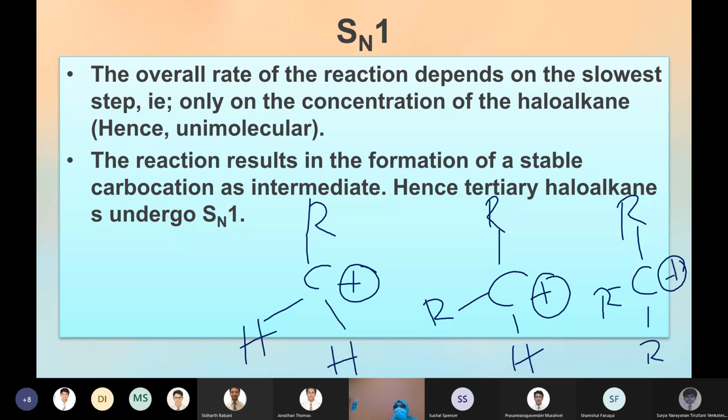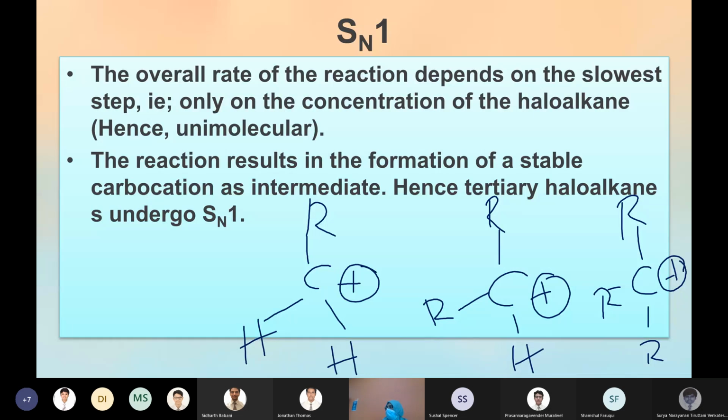There are so many things we discussed in grade 11. Inductive effect. Yes, Jonathan. It is about hyperconjugation and also inductive effect, both, right?